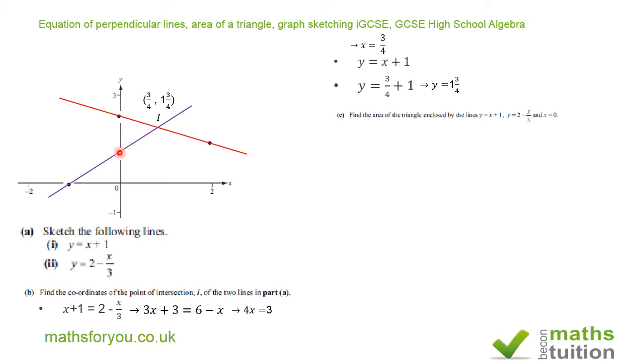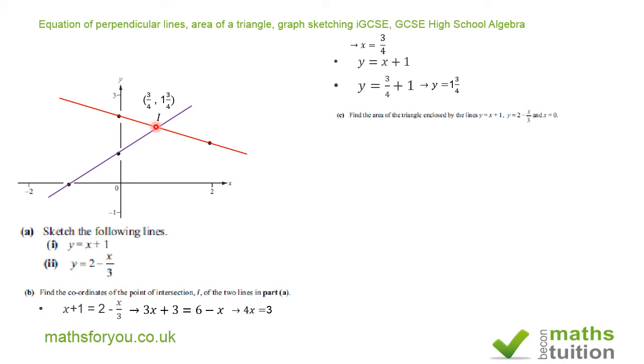Now we know that this point here is the point 0, 1. We also know that this point is the point 0, 2. So the length of the line between the 2 points on the y-axis is just 1 unit.